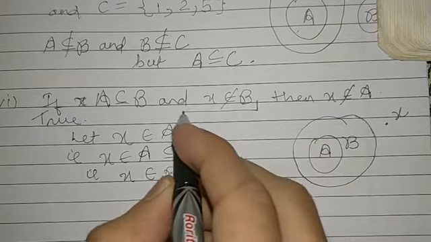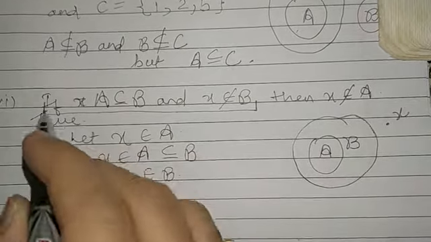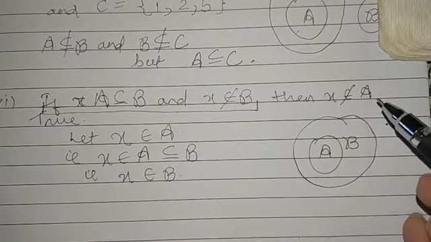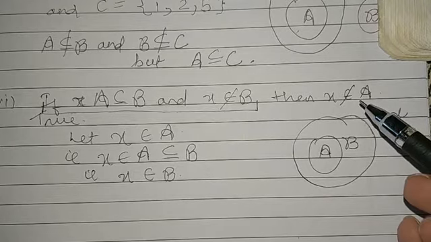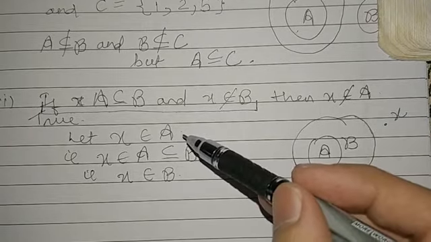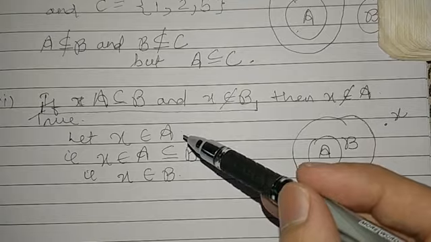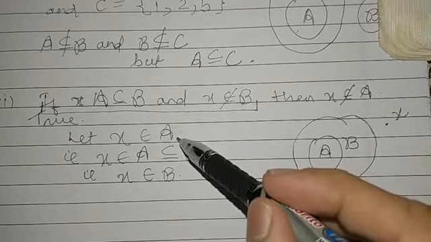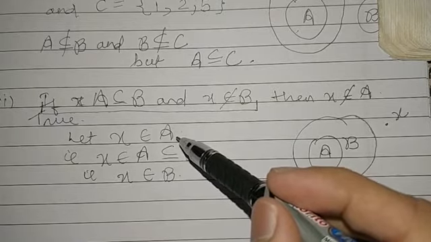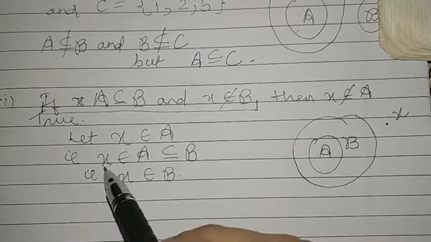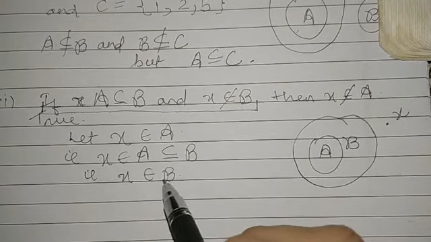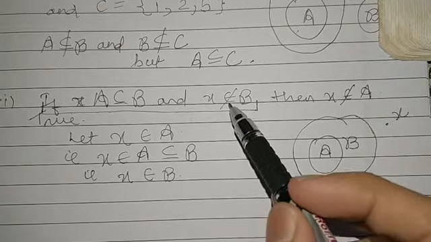You have to look at the statement given before, these statements should be satisfied. Now what we are doing here is supposing x belongs to A. Then x belongs to A, which is a subset of B, so x will belong to B, but which is not true.